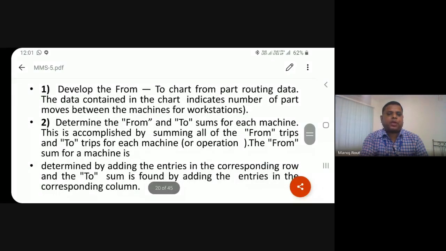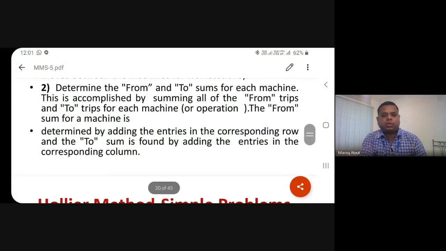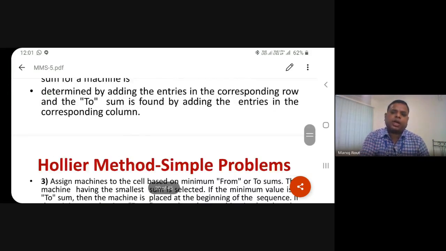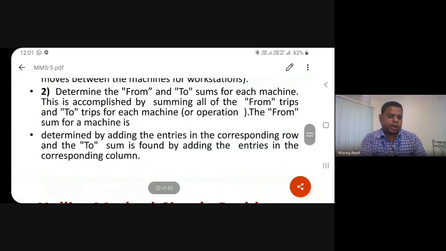Point number 2: determine the from-to sum of each machine, accomplished by summing all from trips and to trips of each machine or operation. The from sum of a machine is determined by adding the entries in the corresponding row, and the to sum is found by adding the entries in the corresponding column. For example, in an automotive workshop, in manufacturing there are different processes, such as joining processes and assembly processes.